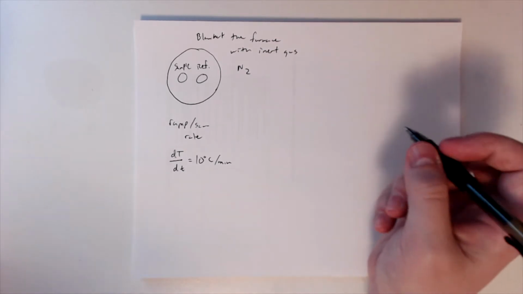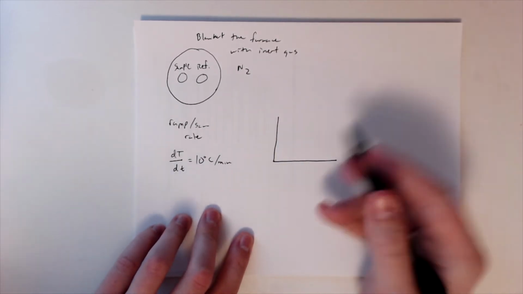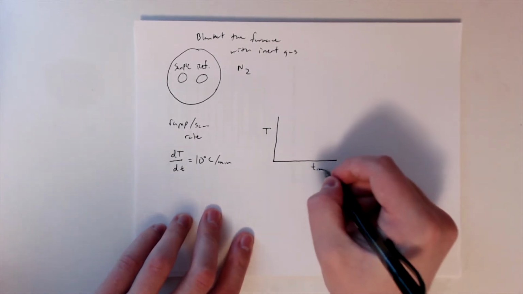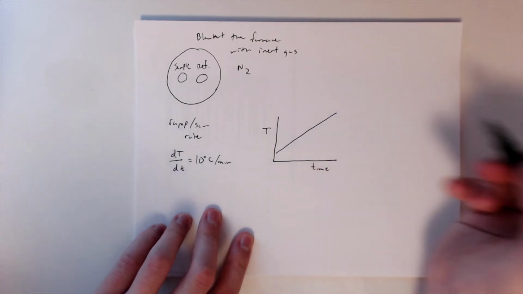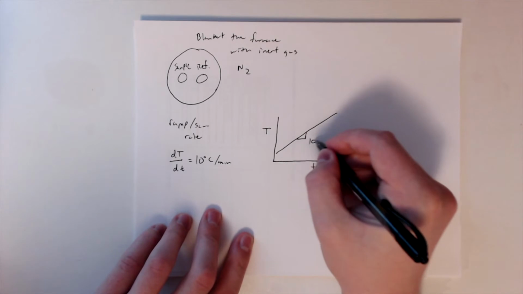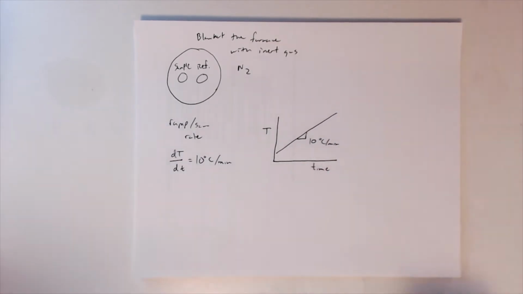So like I mentioned, our heat rate or scan rate is a constant here. And so if we think about that as a graph, we have temperature versus time. And so that would just be a steady increase, and then that slope is that 10 degrees per minute or whatever that we use.